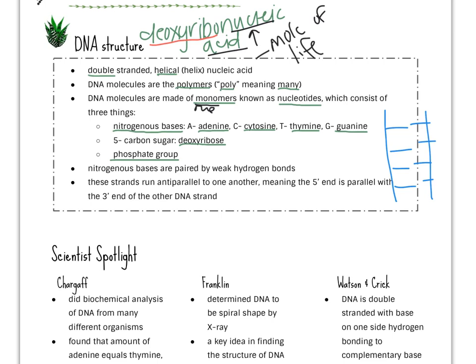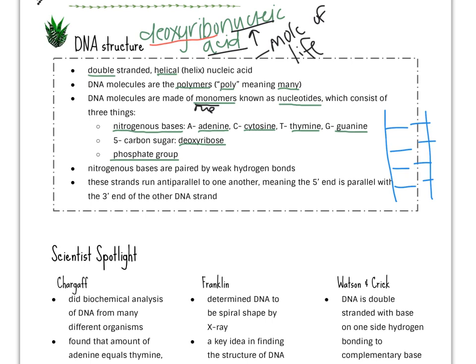But at the very simplest form, this is how we're going to draw DNA, because it's very difficult to draw it in the twisted form and still get all of the information from it. So on our little DNA, whether you're drawing it in your notes or drawing it on the worksheet that you have, the structure of DNA that you have on your paper.